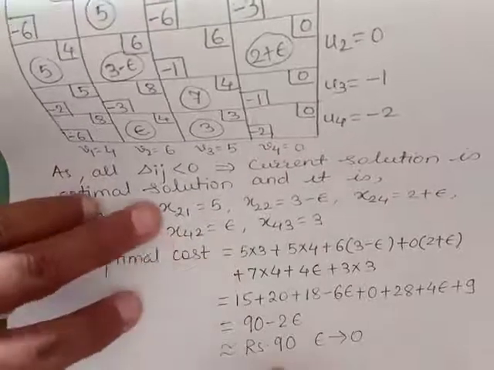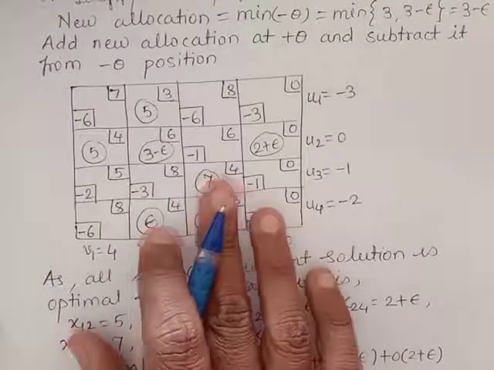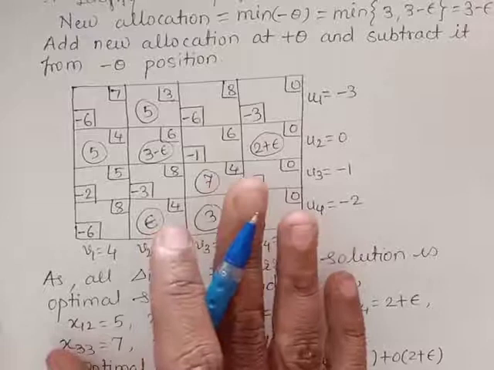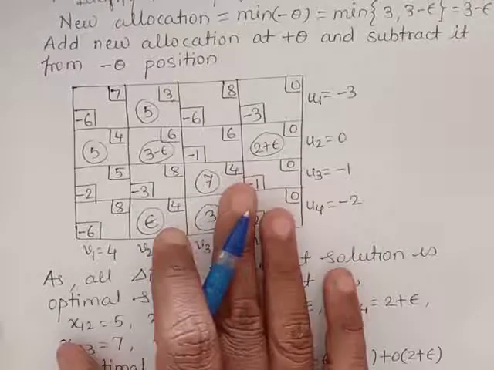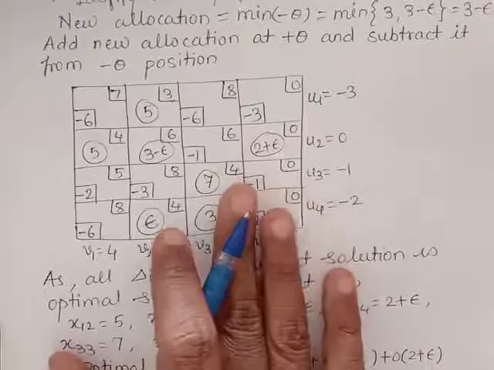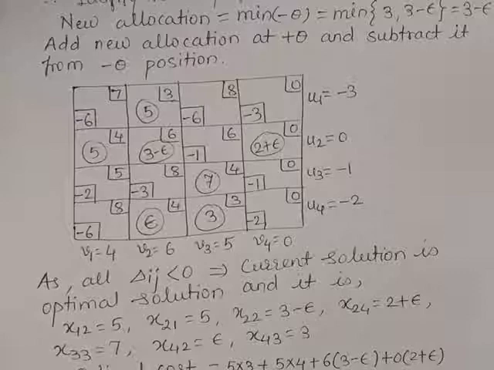So our optimality cost is rupees 90 here. Sometimes it depends on our choices, from where we have chosen the row penalties, according to that sometimes this problem gets increased, but not always.